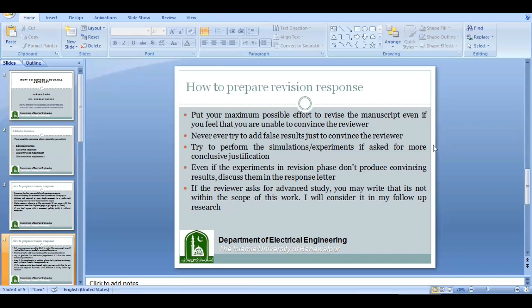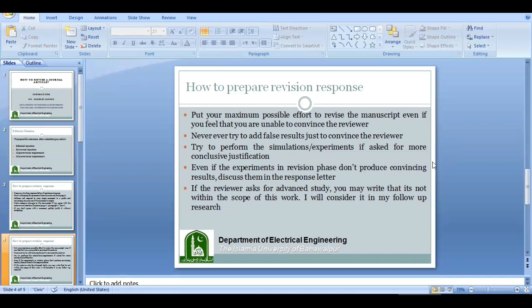Even if you feel that the reviewer will straight away reject your proposal, you should still put all your effort into convincing the reviewer. Sometimes reviewers ask you questions whose answers are not known to them.